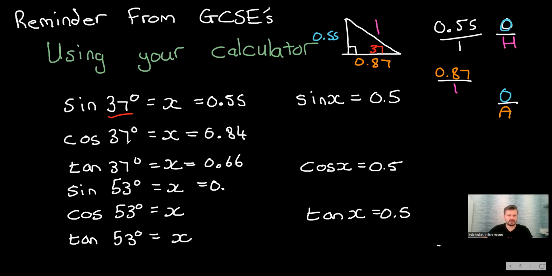What's cos 37? 0.84. And sin 53? 0.74. This adds up to 90. These should be the same. Should be the same ratio. Have you got it in degrees?